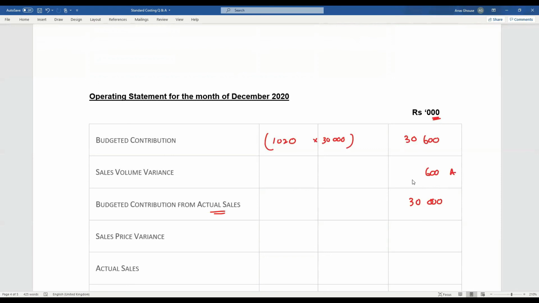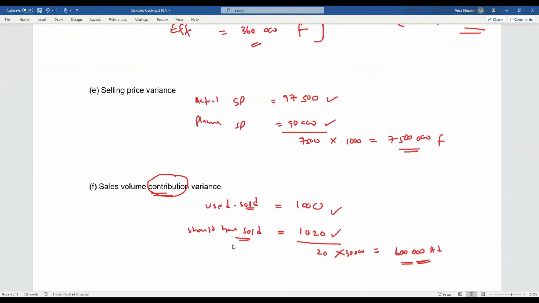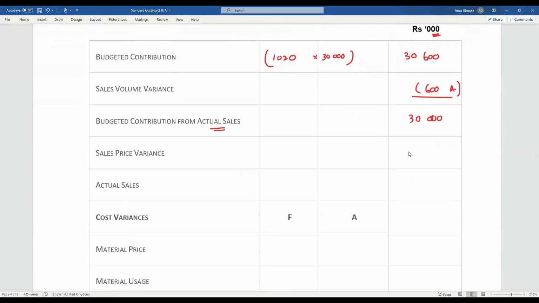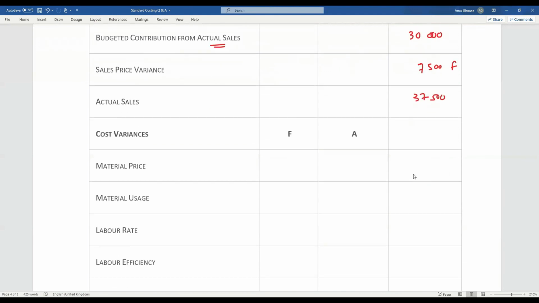Since this is an adverse variance, we need to deduct this. Then the sales price variance we have already calculated. Price variance is favorable, 7.5 million. So we'll take that also. Selling price variance, 7,500,000 favorable. So therefore, our actual sales value will be 37,500,000.